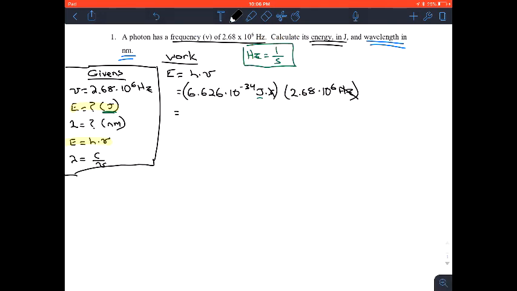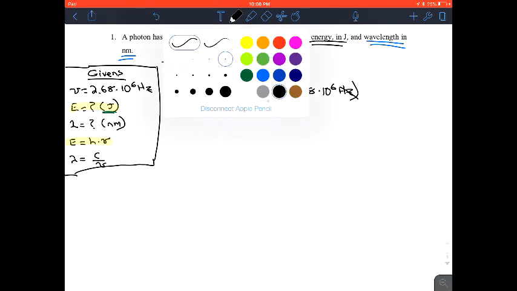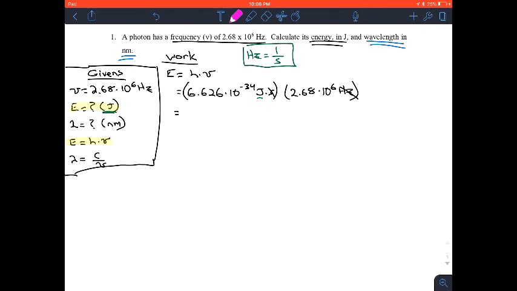So now we plug this into our calculator. Of course, we're going to plug in our parentheses, and this is going to be multiplication. If you're using a TI 83 or 84, which I would suggest using, you won't have to put parentheses in, but it's always a good idea to put it in just to make sure you're covered.